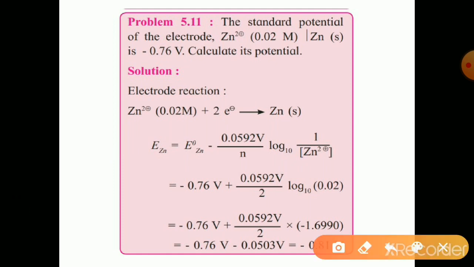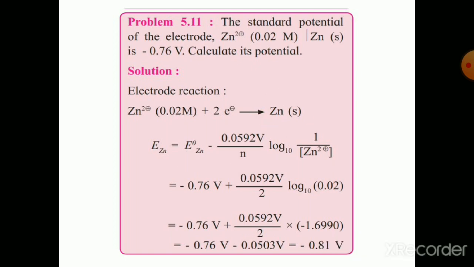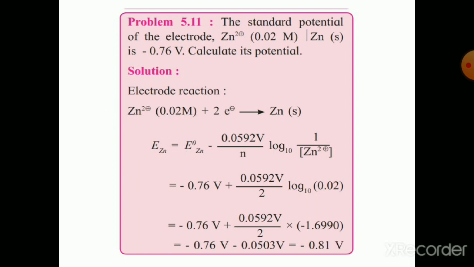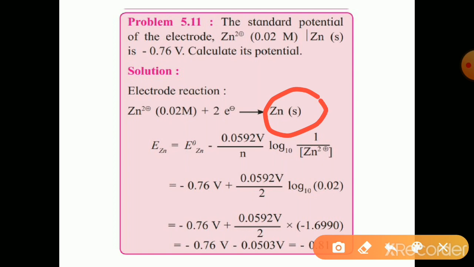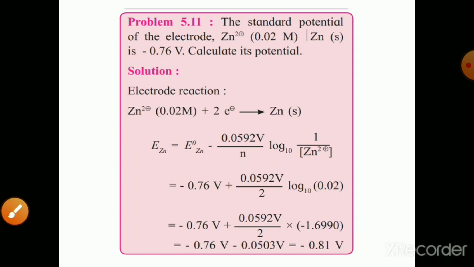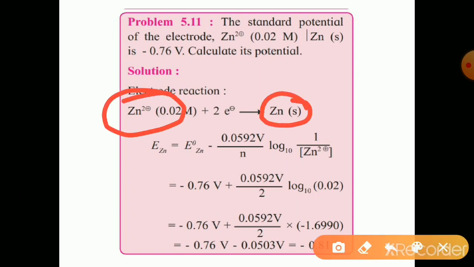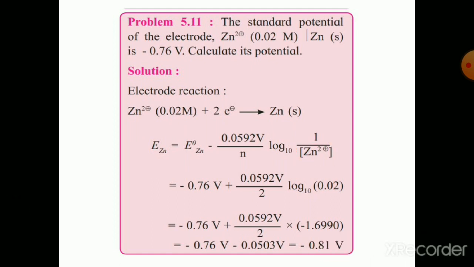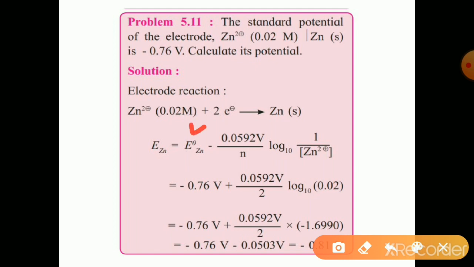So by using the Nernst equation we can determine the non-standard electrode potential, that is, its potential will be equal to E naught of zinc minus 0.0592 divided by n log of 1 divided by Zn, because the concentration of solids is taken as unity. So 1 divided by concentration of zinc ion, product divided by reactant. Product concentration is unity and reactant is Zn. Its coefficient is 1, so it is raised to the power of 1 only. And the standard potential of this is given.